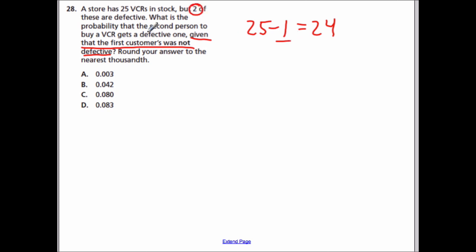The second person walks in, now there are 24 VCRs, of which 2 are still defective. 2 of the 24 is the probability that they're going to buy one that's defective, which reduces down to 1/12. On your calculator, 1 divided by 12 is 0.083, which is my answer, D as in dog.